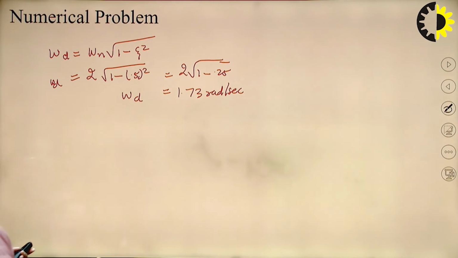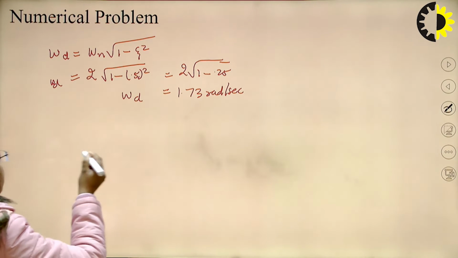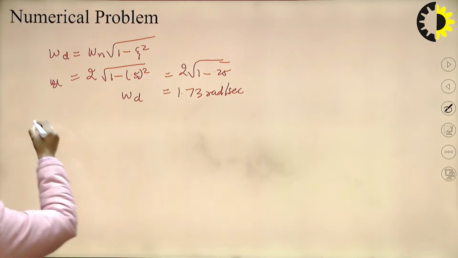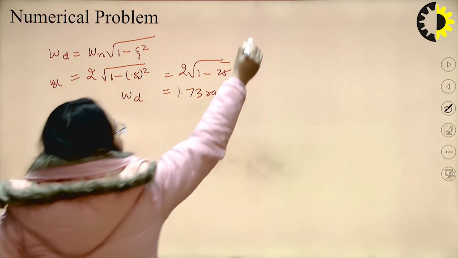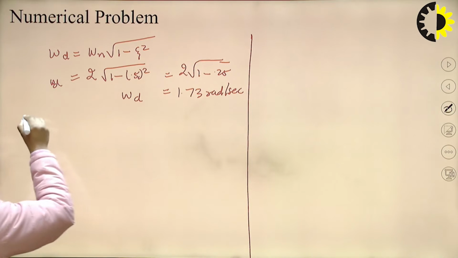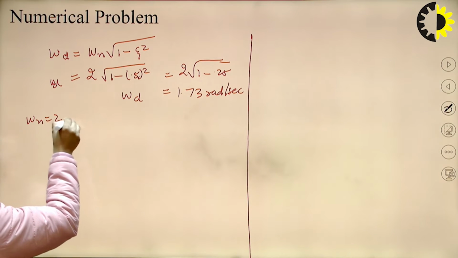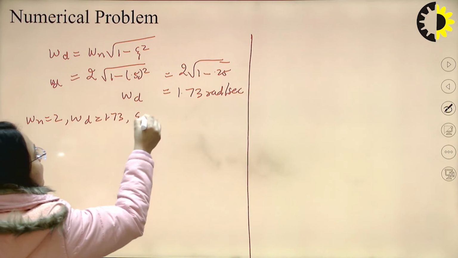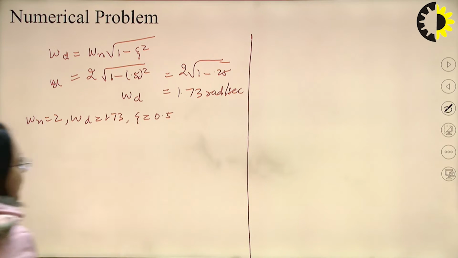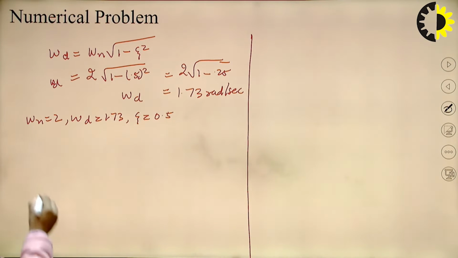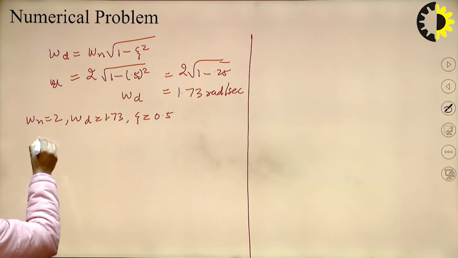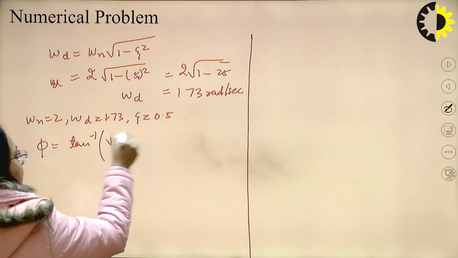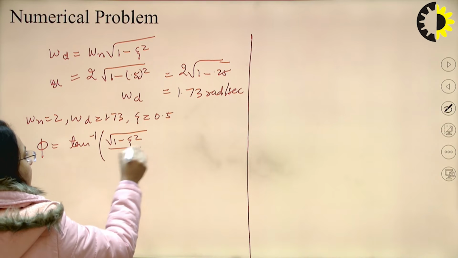Now we have the value of omega d and omega n. I'll write the values here for reference. We have omega n is 2, omega d is 1.73 and zeta is equal to 0.5. Now next we can calculate the value of rise time. First of all, we'll calculate the value of phi, which is tan inverse of under the root 1 minus zeta square upon zeta.